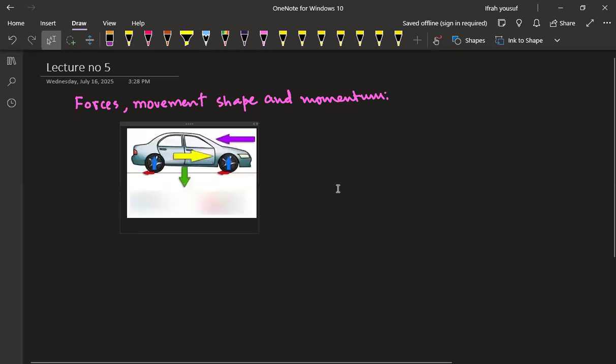Using this picture, we'll be able to observe different forces that are acting on it.